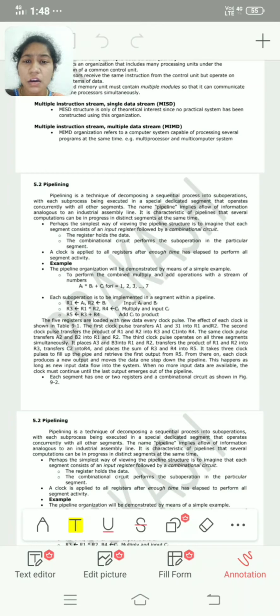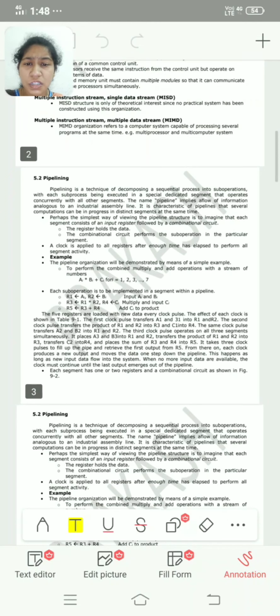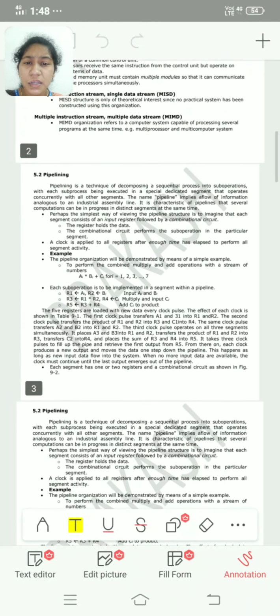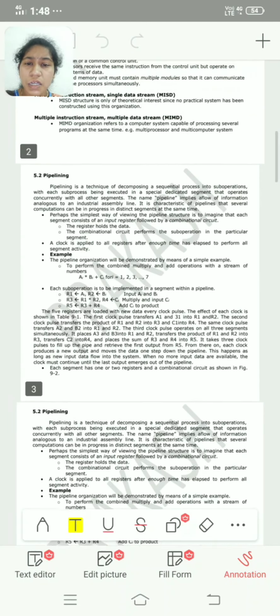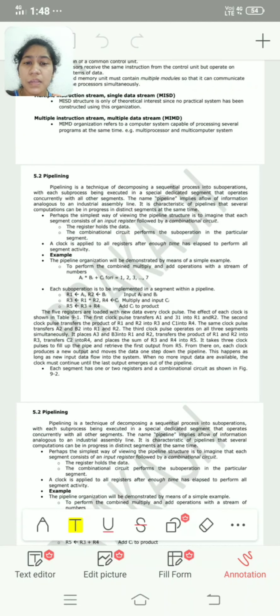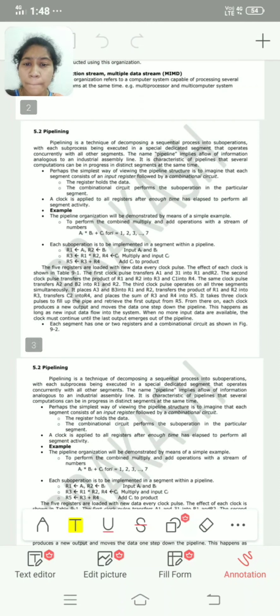MISD structure is only of theoretical interest since no practical system has been constructed using this organization. MIMD organization refers to a computer system capable of processing several programs at the same time. Example, multiprocessors or multicomputer systems.